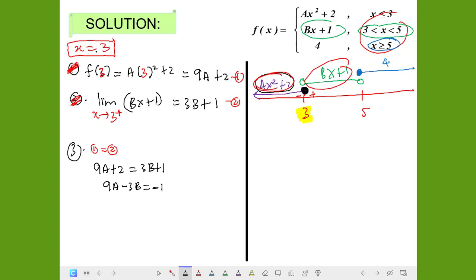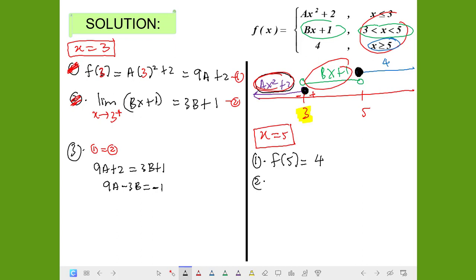Settle for this point. Now at this point x is equal to 5. Follow the 3 steps. First step, f of 5. The filled circle lies here, here is 4, so it's equal to 4.